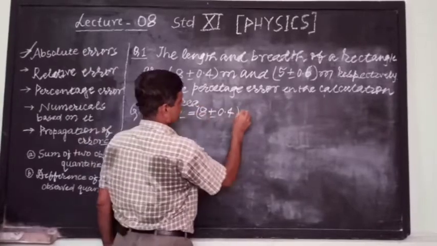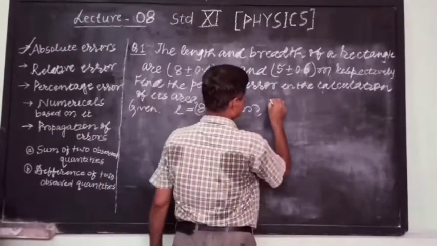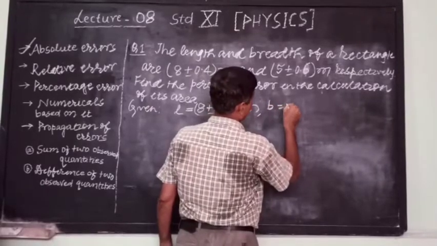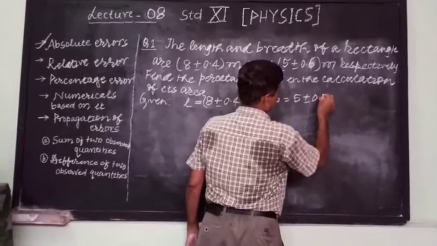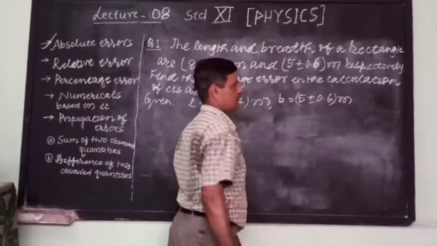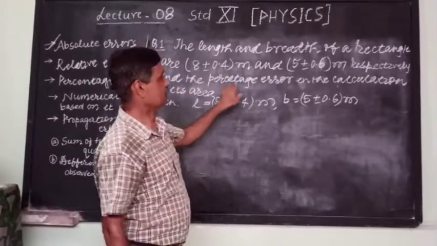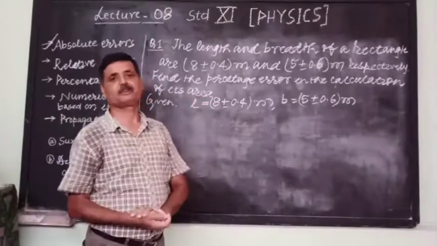This is the length. Whereas breadth is 5 plus minus 0.6 meters. These two are given. Find the percentage error in the calculation of the area.